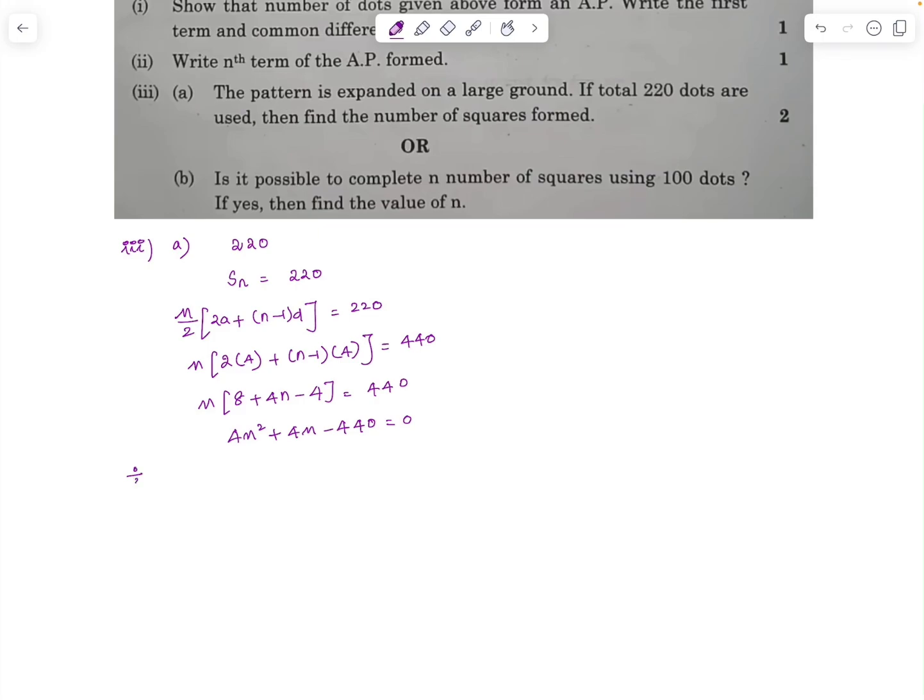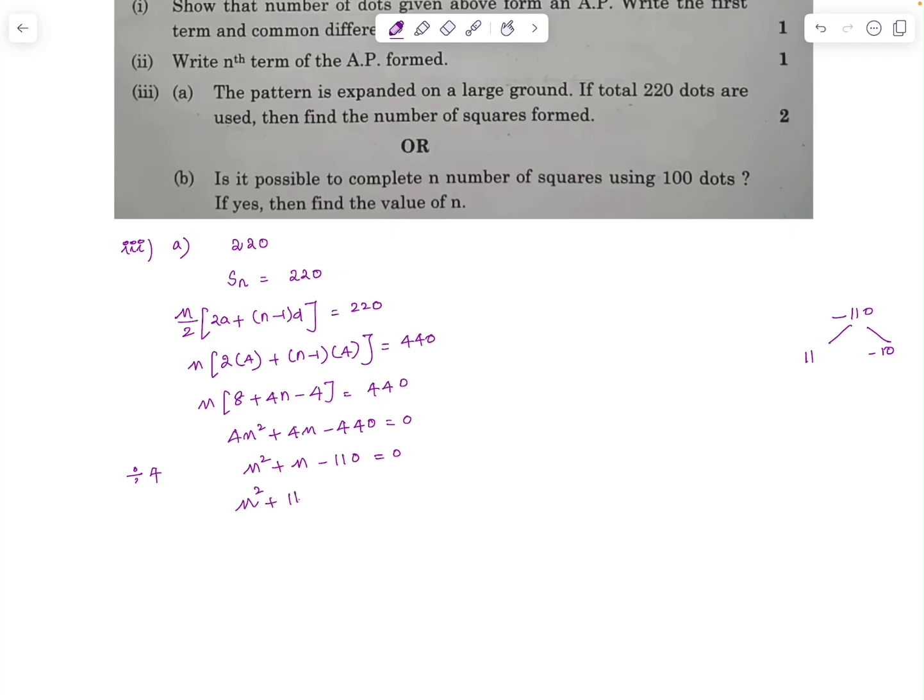Dividing this equation by 4, we get n square plus n minus 110 equal to 0. For minus 110, we can take the two factors as 11 and minus 10. If we multiply plus 11 and minus 10, we get minus 110. And if we add these two, we get the coefficient of the middle term.